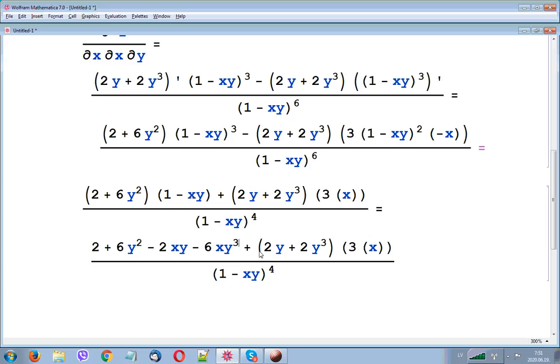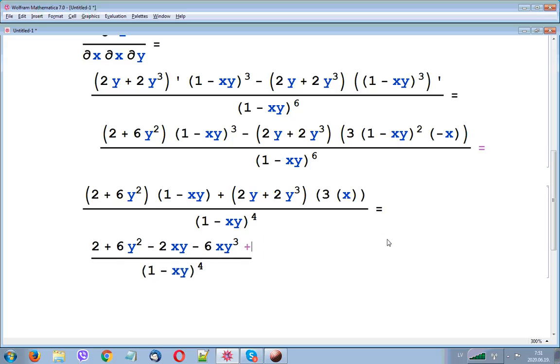Then let us open these brackets. We also have pluses, so we can delete all the brackets, and here will be plus 6xy and plus 6xy cubed, because here we have 6xy cubed. So xy cubed can be deleted.